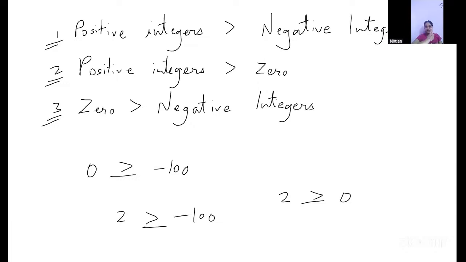Then 0 means neutral. From 0, when you go to the left side, those are the negative numbers. Minus 1, minus 2, minus 3, the value keeps decreasing. So they are always smaller than 0.